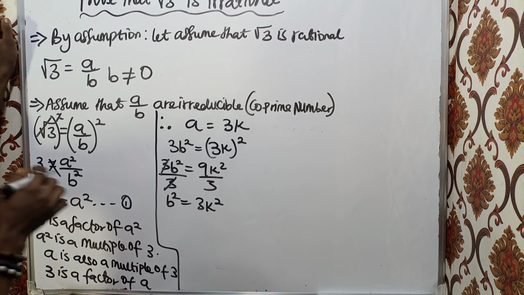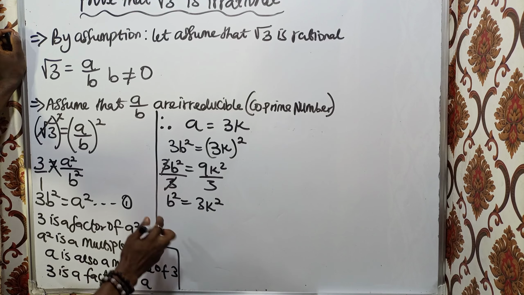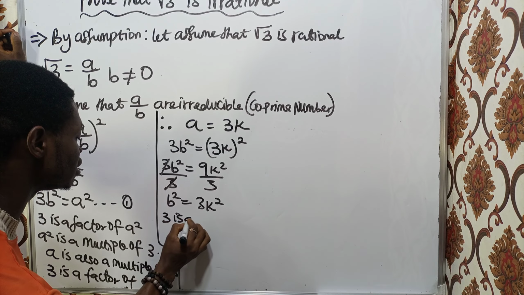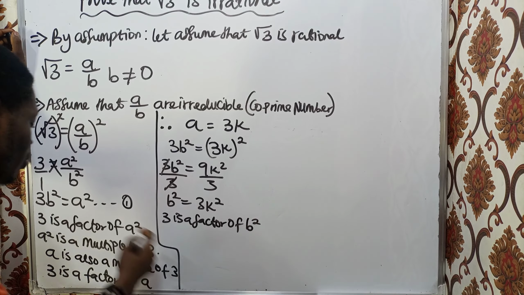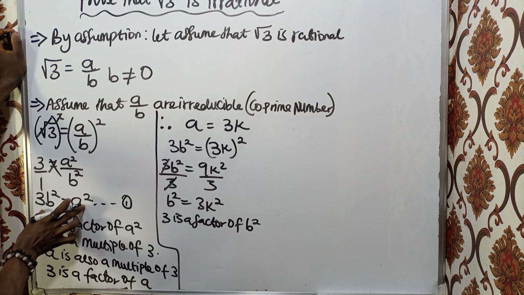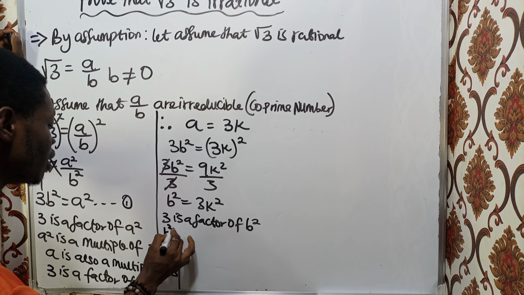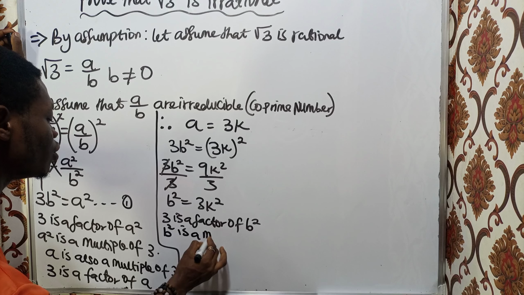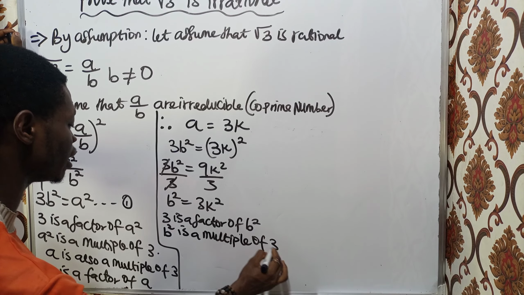So what is this thing trying to tell you again? That 3 is a factor of b squared. From what we did here, you see that they are depicting the same thing. 3 is a factor of b squared. Therefore, b squared is a multiple of 3.